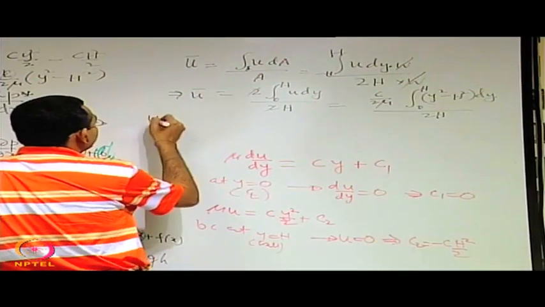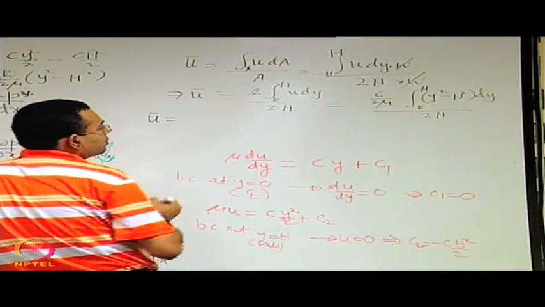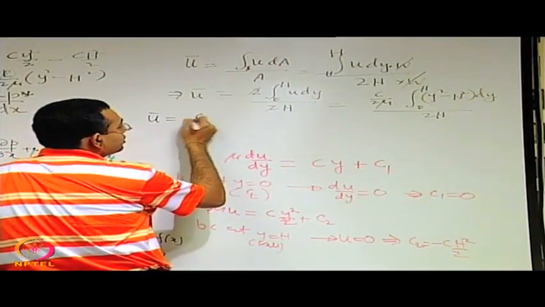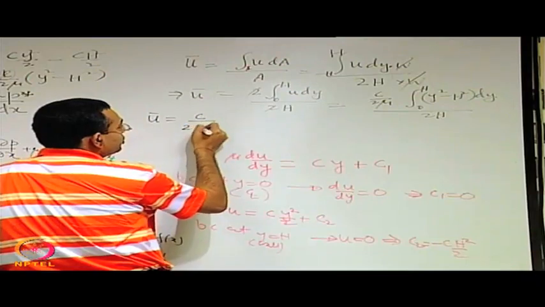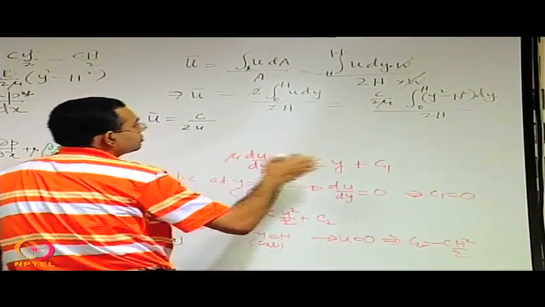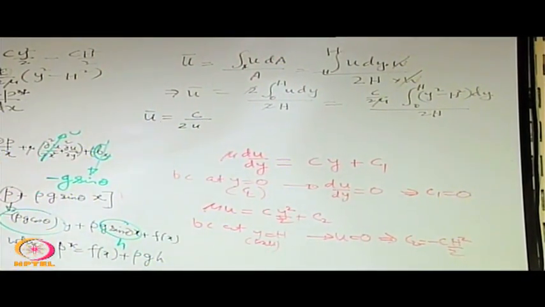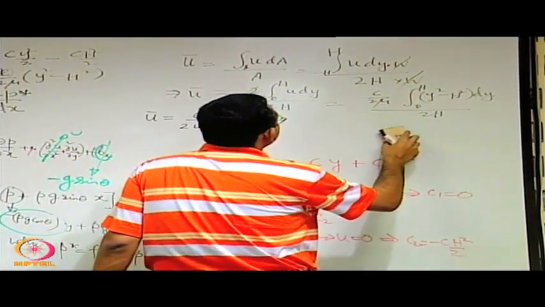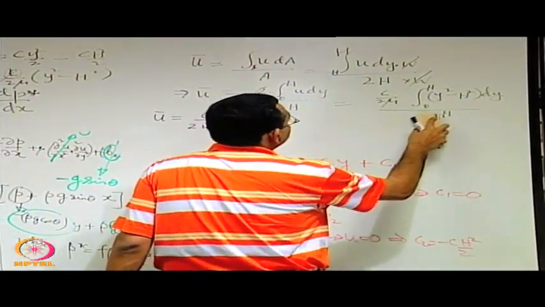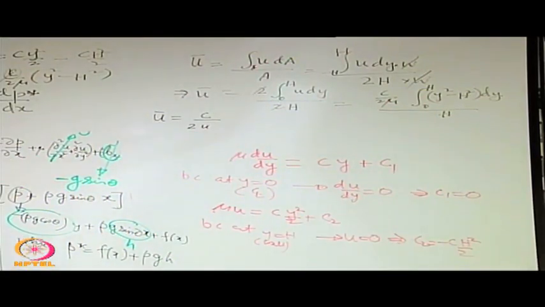You have u average equal to c by 2 mu into, sorry, the 2 is not there in the denominator, right? This 2 is not there because it is already cancelled.